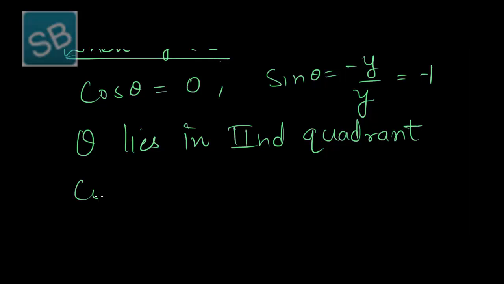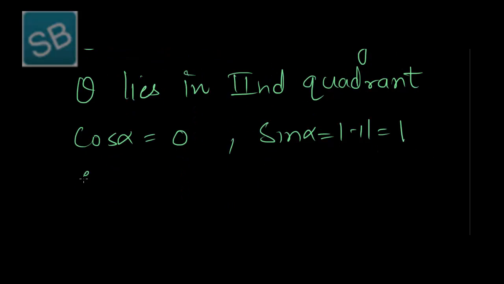Therefore, we define cos alpha, that is mod 0 is 0, and sin alpha, that is mod minus 1 is equal to 1. So as cos alpha is 0 and sin alpha is 1, therefore alpha is pi by 2.